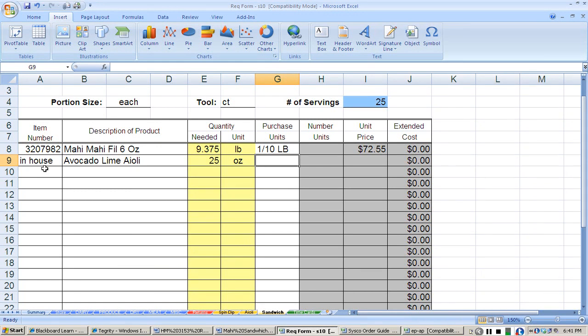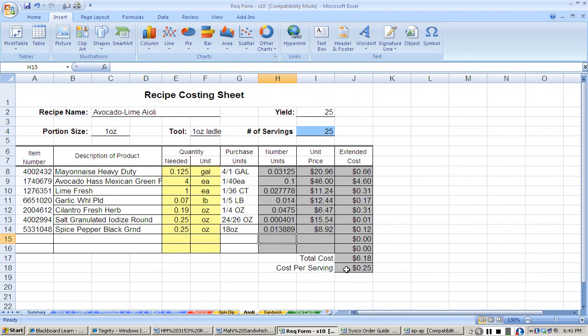So I'm going to do 1 ounce. My unit price for the 1 ounce is going to be 25 cents.